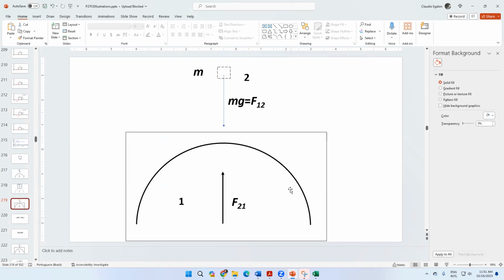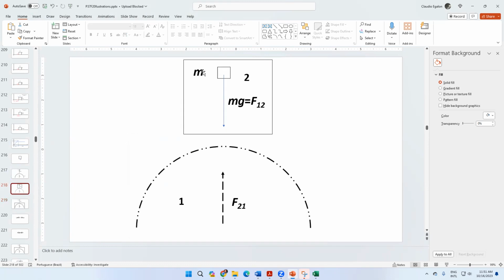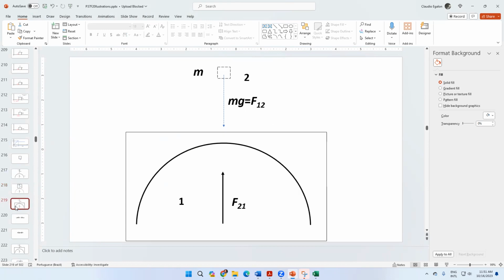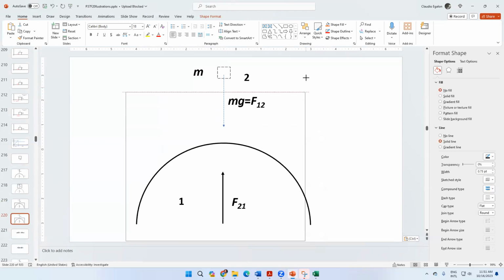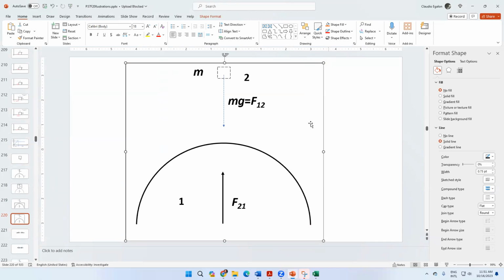Now, the net force on this object is going to be F of 2 on 1. The net force on this object is going to be F of 1 on 2. But then there's another way of looking at this problem. What if I come to you and say, look, my system is both the Earth and the mass itself.